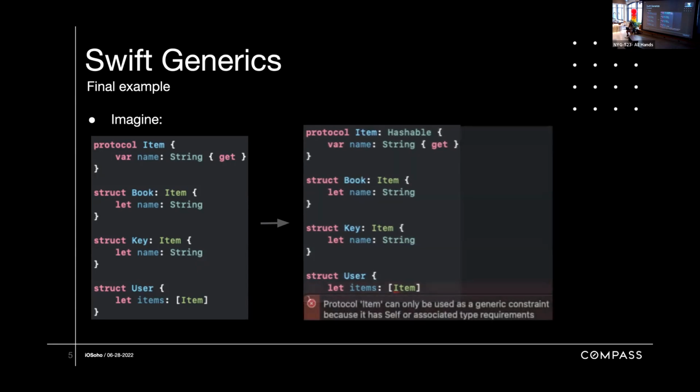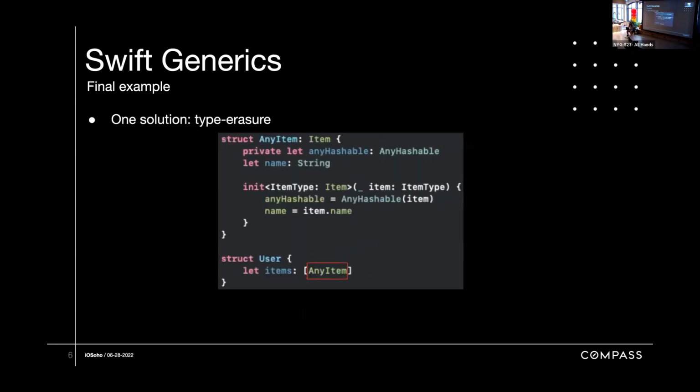In the past, you would have to resort to something called type erasure, where basically you have some sort of box where you put your actual Item protocol implementation and use that as a placeholder for your item. This way, the Swift compiler will not complain anymore.